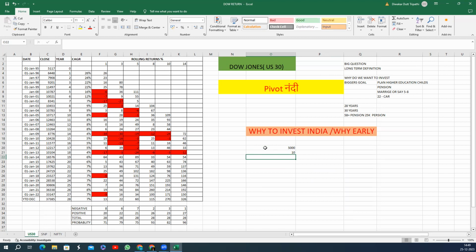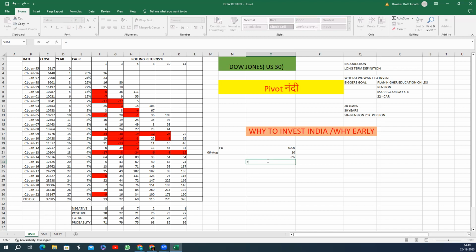And suppose somebody is investing in a normal way, not knowing the equity market returns, and is investing in FDs, fixed deposits, or there are many tools where the interest rates yield around 6% to 8%, and that person is getting a rate of 8% return on his investment. So that person who is investing 5,000 rupees for 10 years and getting an 8% return on his investment, how much value will he be getting after the 10 years?